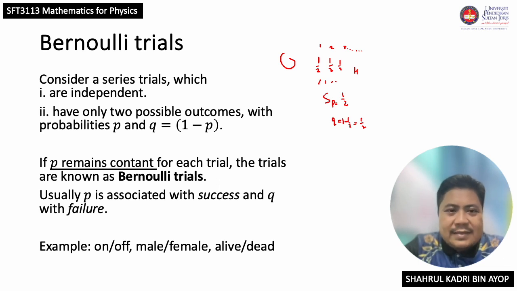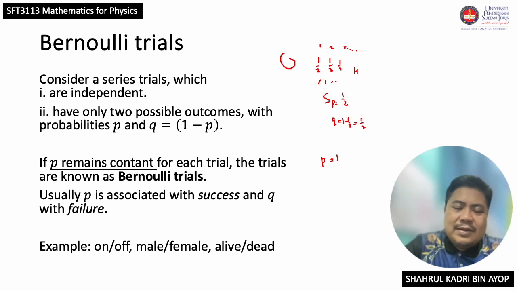Other examples of this are on or off, male or female, alive or dead, or even the dice. For example, if we define the success as getting a 2 each time we roll it, it has 1/6 for a success, and failure as 1 minus 1/6, which is 5/6.